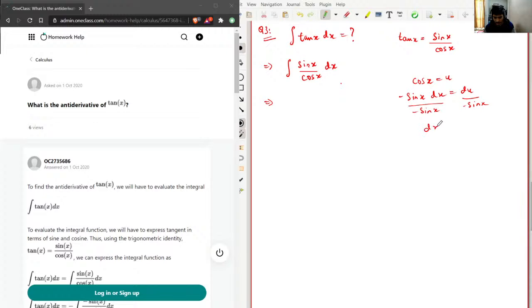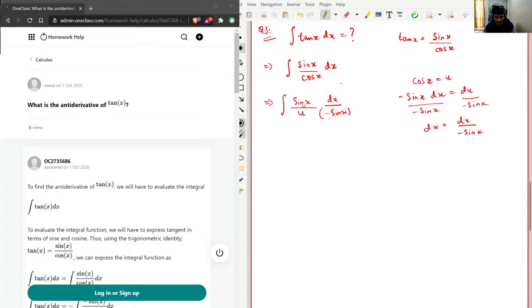So this will become dx equal to du over negative of sine x. Now let's keep the value of cos x. So this will become sine x over u, and we'll substitute the value of dx. So dx was du over minus of sine x.